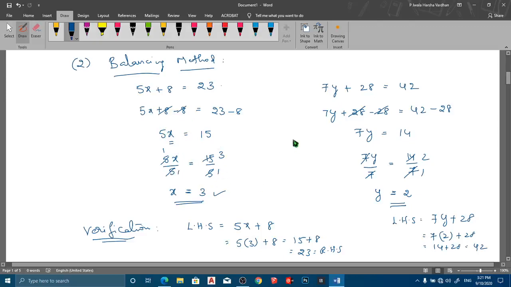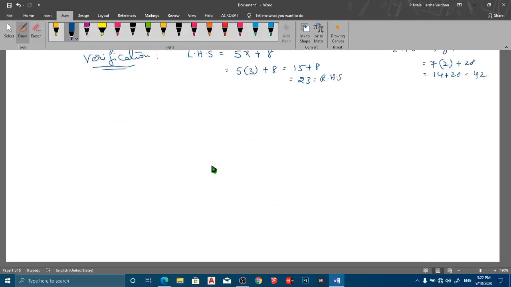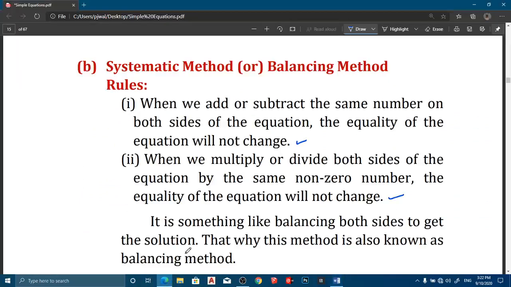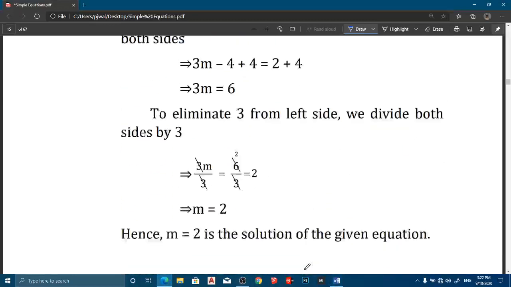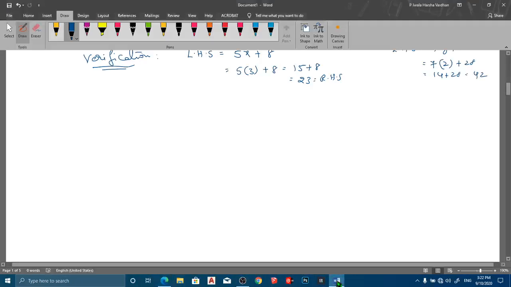Okay. So instead of using this balancing method, you can use one more method, which is called, what is the next method? Transposition method. The third one is the transposition method.